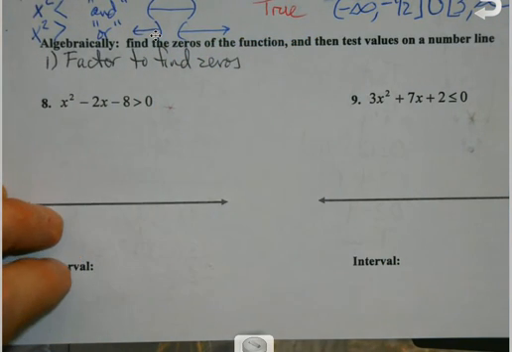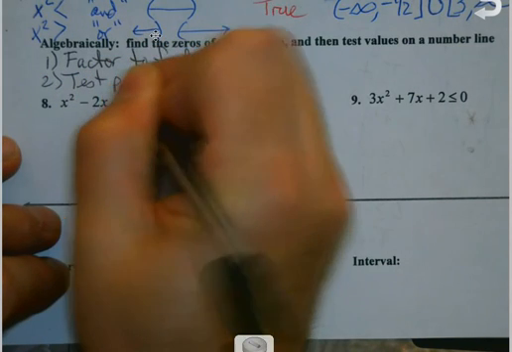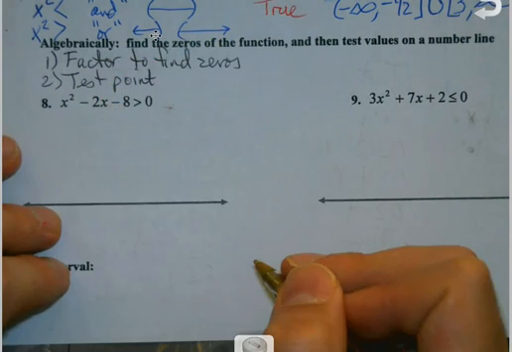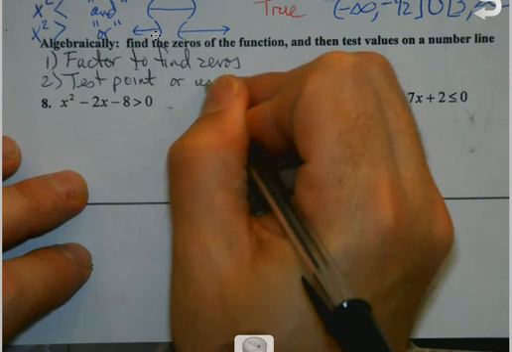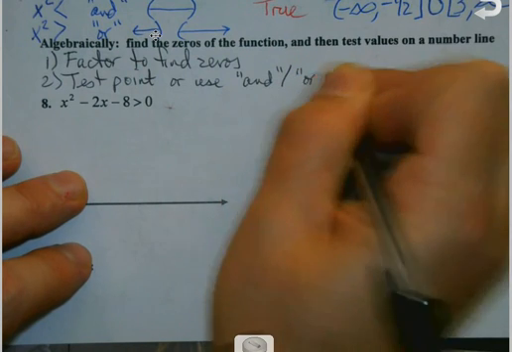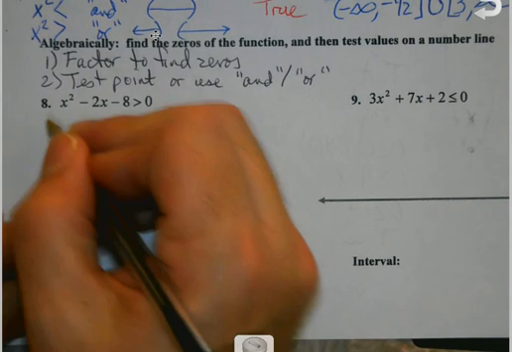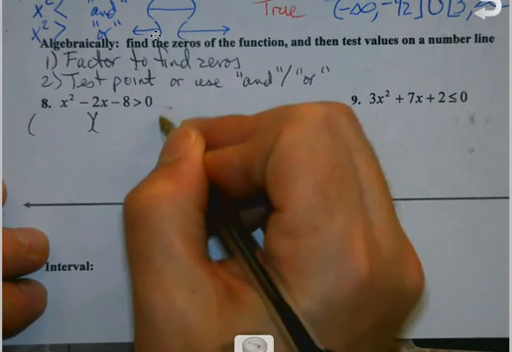Then I can either use a test point with the true-false test, or use my little and/or trick from up above. So you're like, okay, now how would these both work?